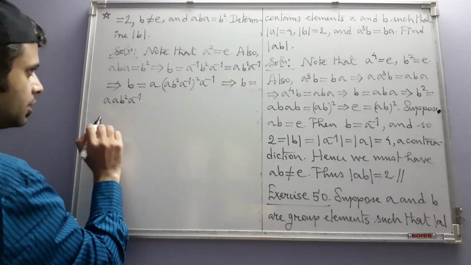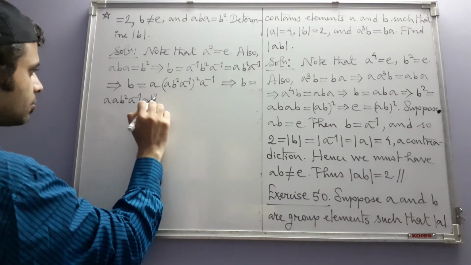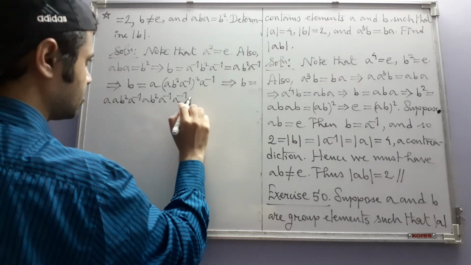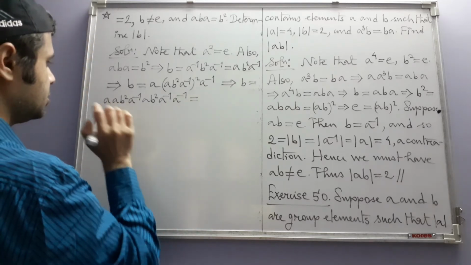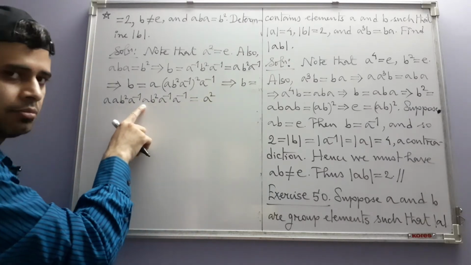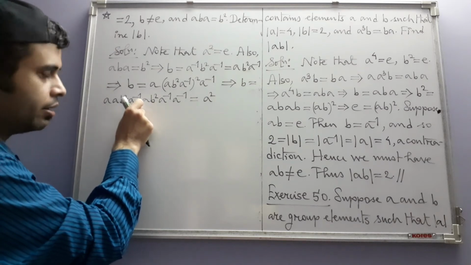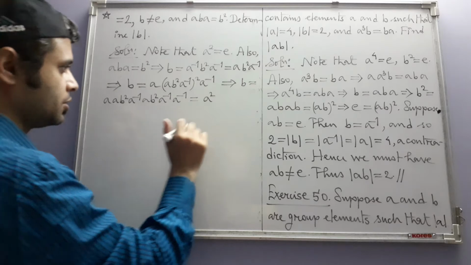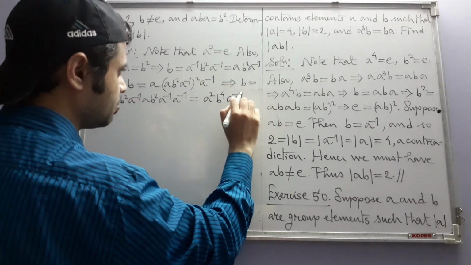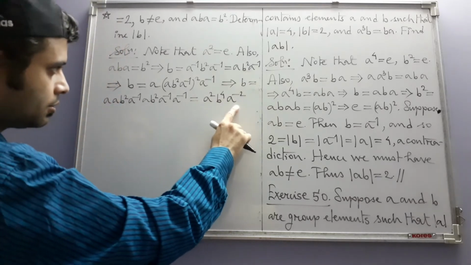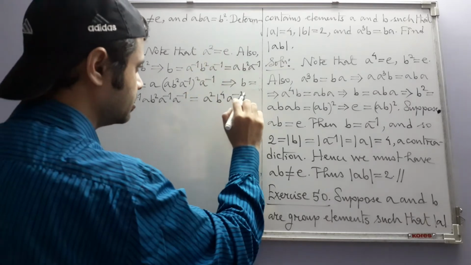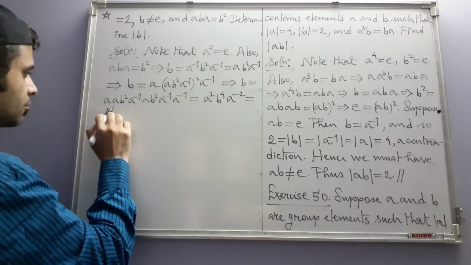A B square A inverse, again A B square A inverse A inverse, and this is a square. You see, A inverse and A will become identity and vanish in the middle, leaving us with B square, that is B to the power 4, and here we have A to the power minus 2. Now in this product A square as well as A to the power minus 2 are both equal to identity, so this is equal to B to the power 4.